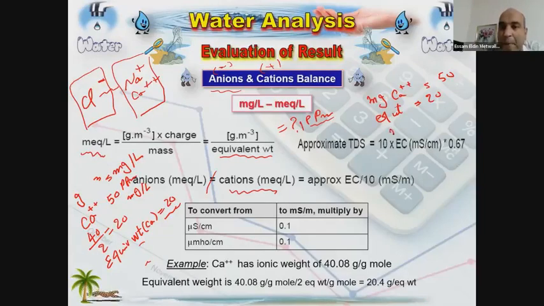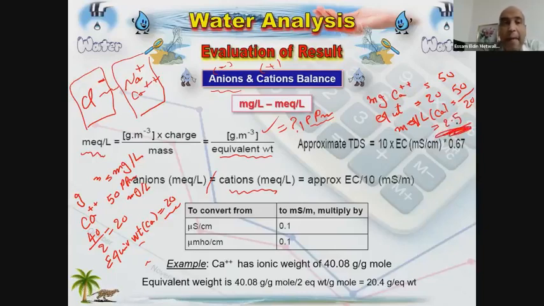So the mole equivalent per liter of calcium equals the concentration, 50, per equivalent weight, 20, which equals 2.5.